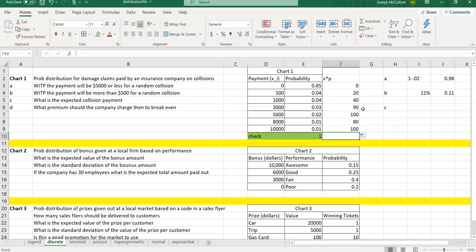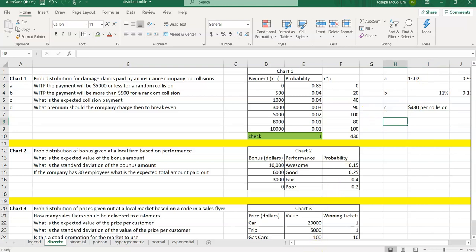Now, if you sum this column up, you're doing that sigma in the formula, and this is actually the average. So the average would be $430 per person, or it shouldn't be per person, per collision. So that's the expected payout, $430 per collision.